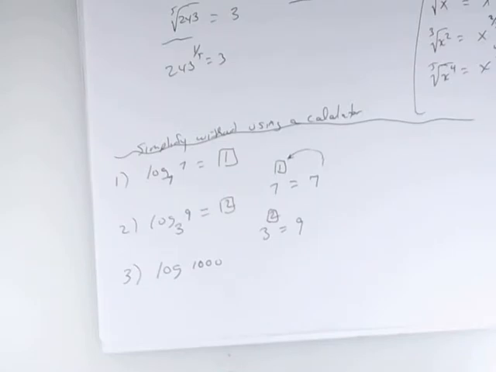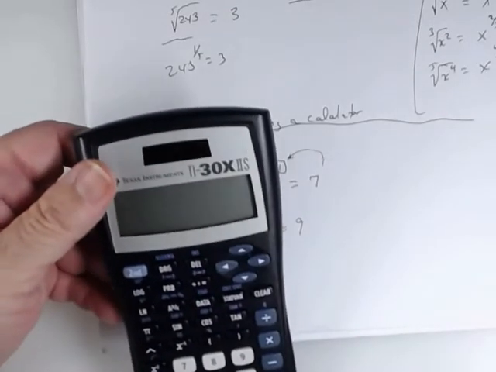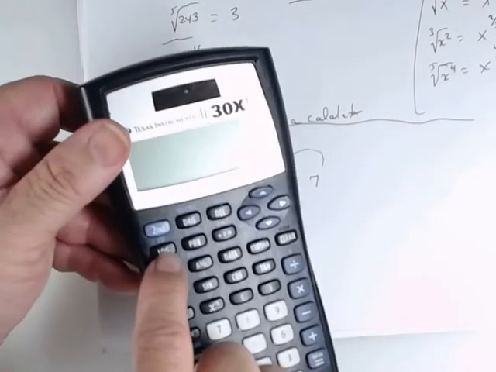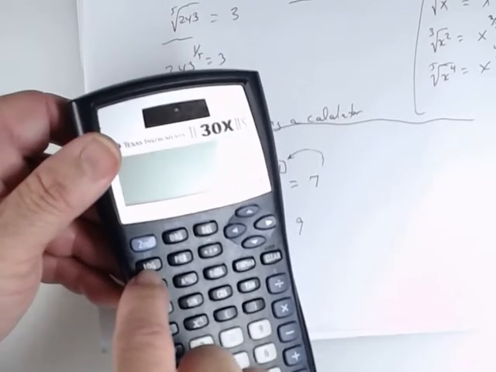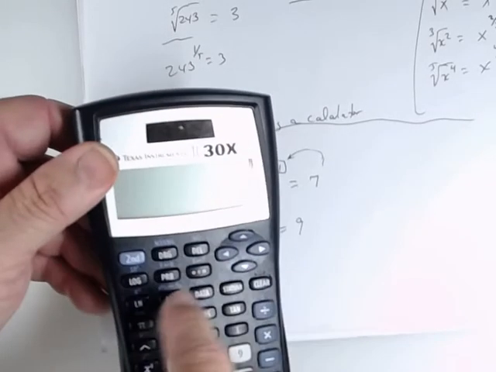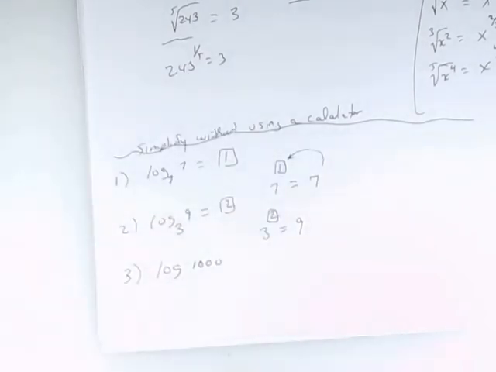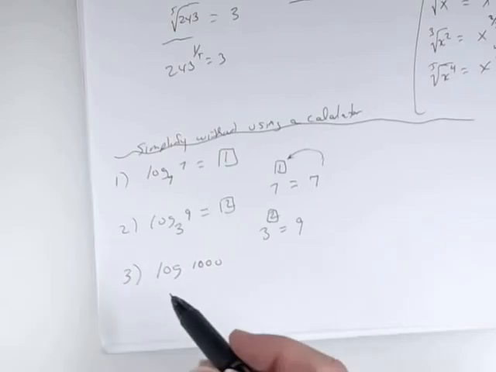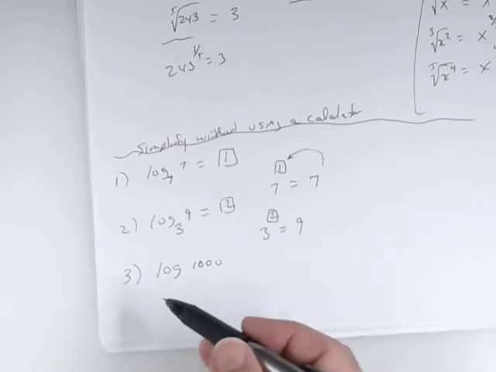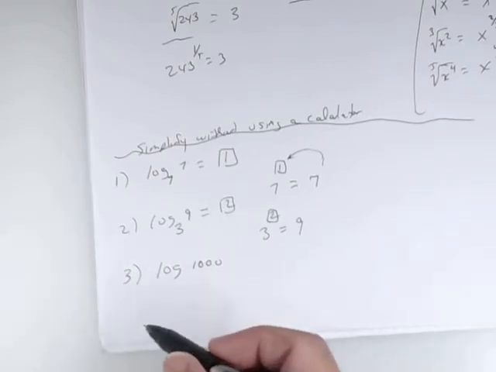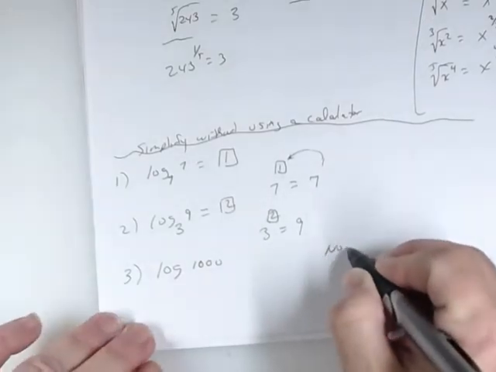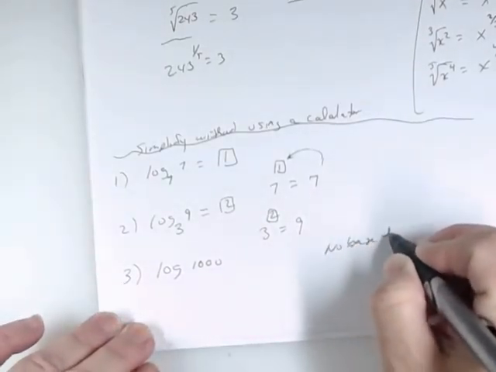Now, your calculator has 2 bases. See where it says log right here? If you press log of a number, that's assuming you're looking at what base? 10. Remember, the log without a base listed is understood to be a 10. So there's no base listed.